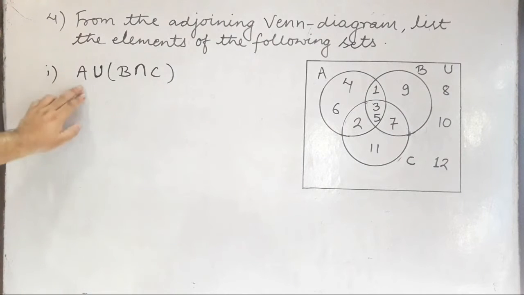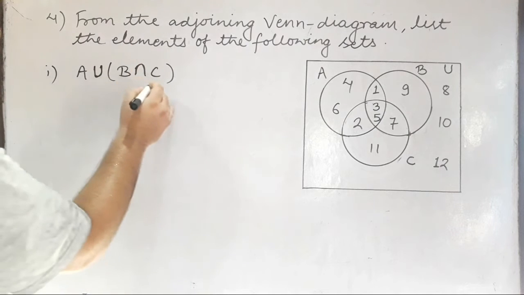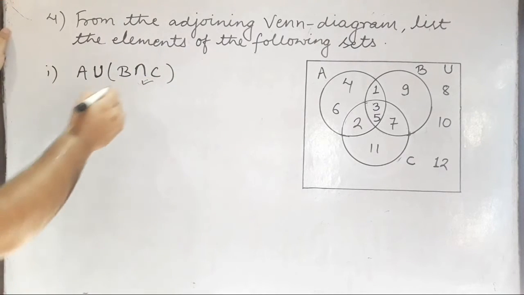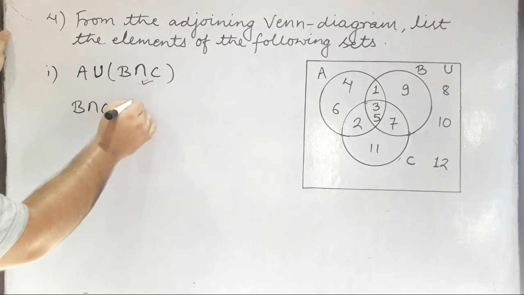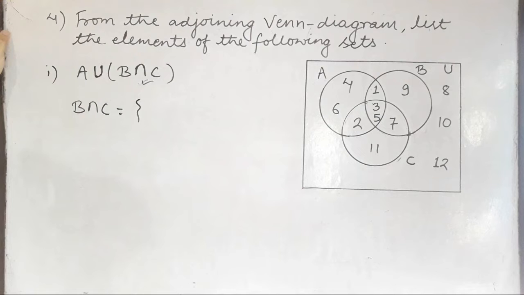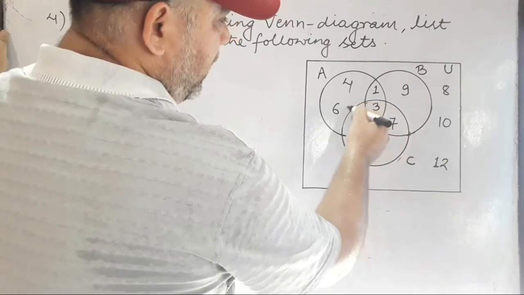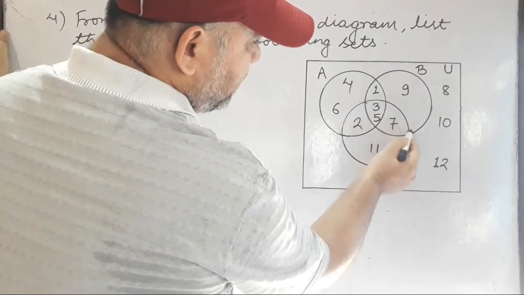The next, A union B intersection C. Now as I have been telling you, we have to do the operation inside the given bracket first. So let's write B intersection C. Now we shall write directly by seeing in the figure: the set B and C, their intersecting part. This is the intersecting part.